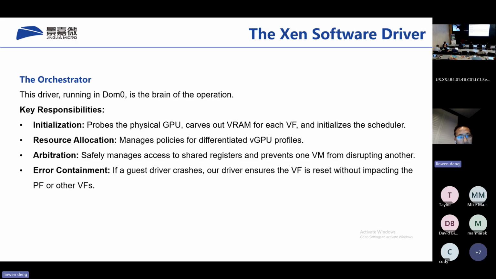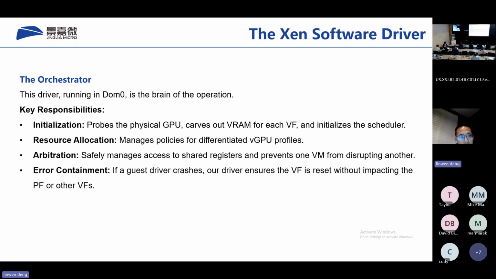Second, we do the resource allocation. When the VFs are up and running, the driver takes on the role of a resource manager. It handles different vGPU profiles, allowing us to allocate resources based on the VM's specific needs.